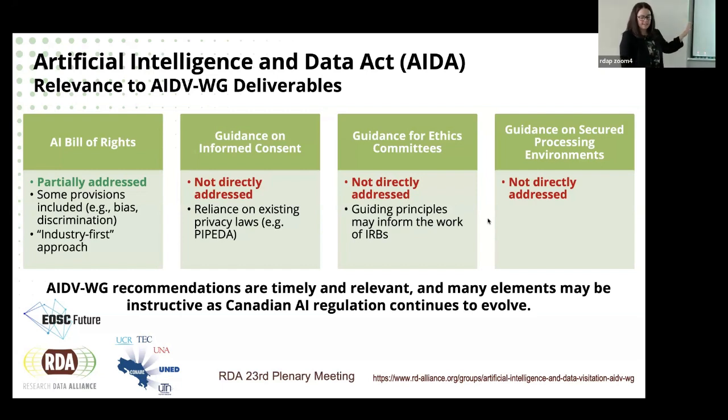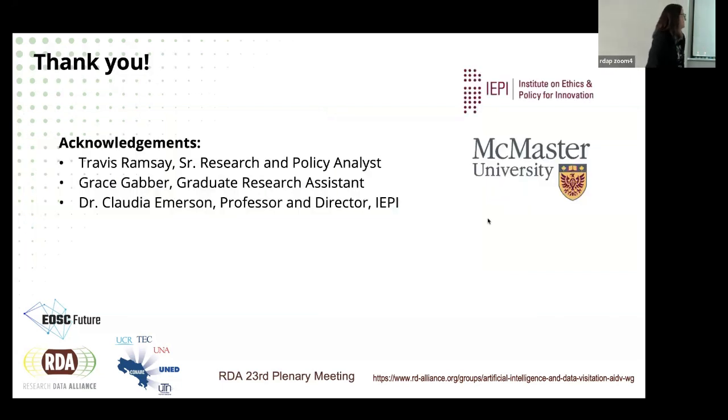And lastly, guidance on secured processing environments is not directly addressed. It's out of the scope of this Act. So I would conclude by saying the AIDV working group recommendations are actually quite timely and relevant in Canada, and many elements of those recommendations may be instructive as Canadian AI regulation continues to evolve. Thank you so much.